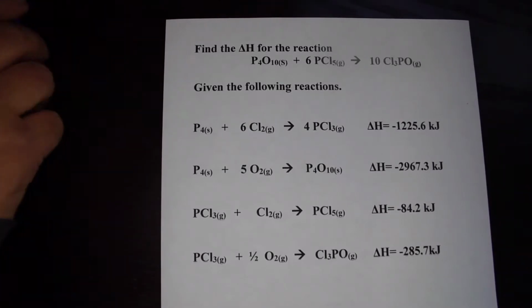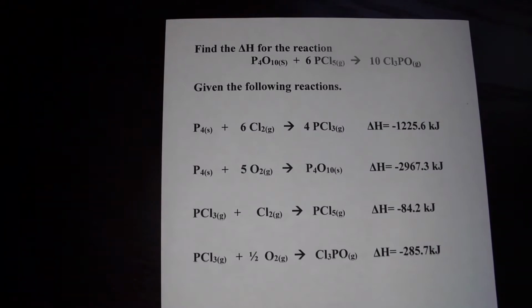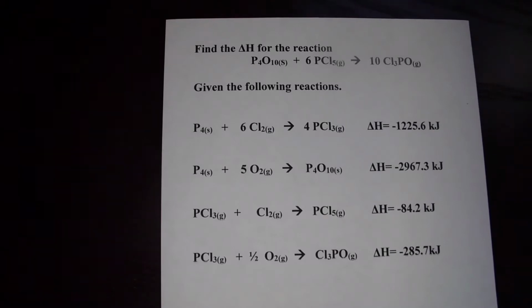So what we have here is four different multi-step equations equaling one overall equation. The overall equation is for the reaction up above, and the other ones are down below.